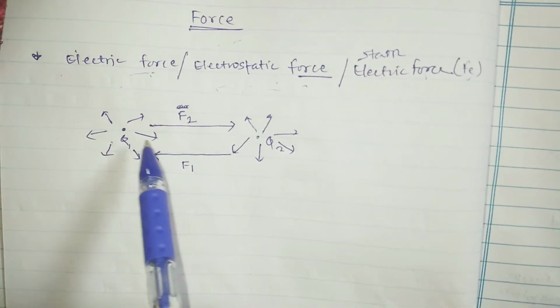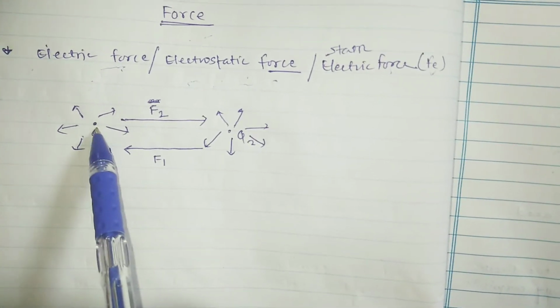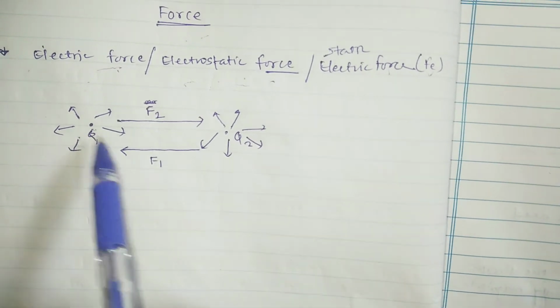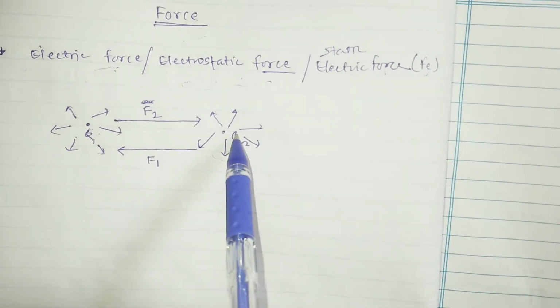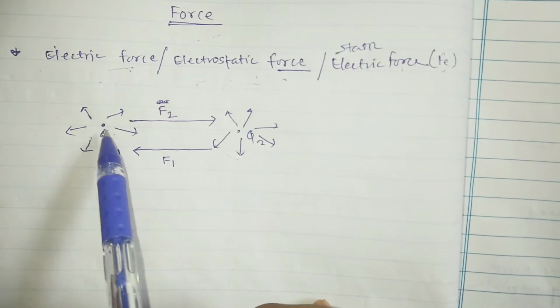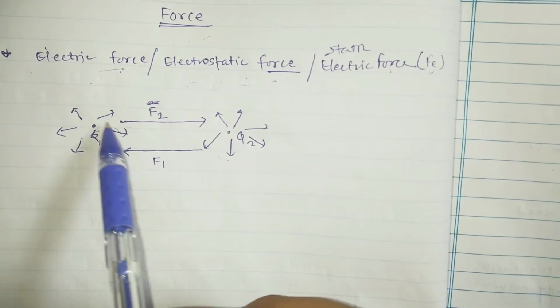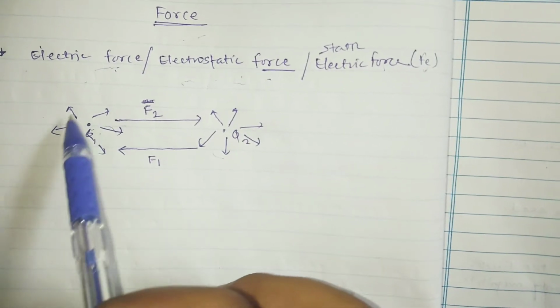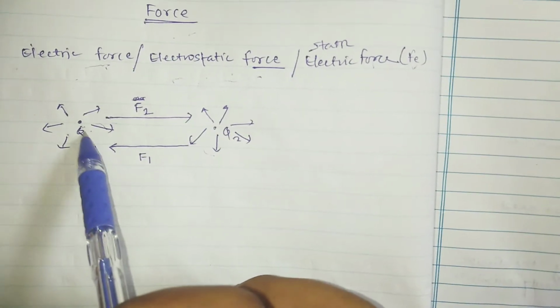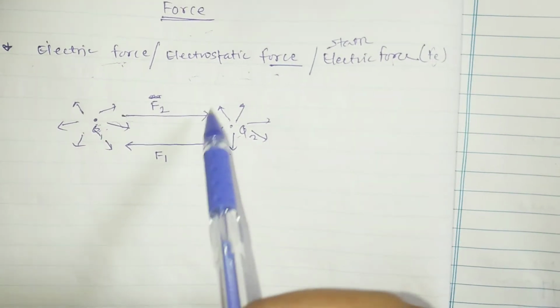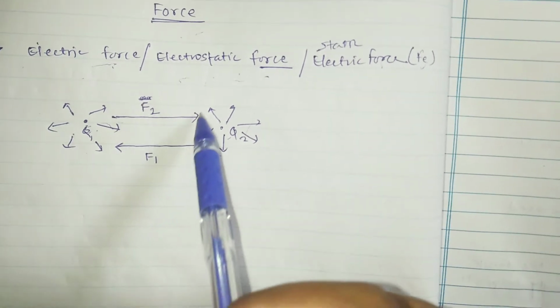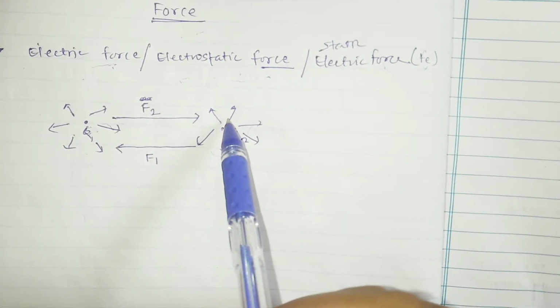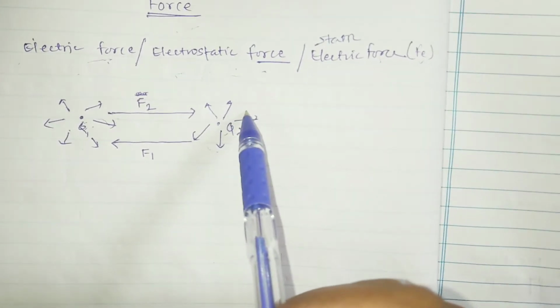Now you can see in this diagram q1 is a charge, q2 is another charge, right? q1 exerts force around it, so these are the force lines due to q1. q2 also exerts force around it, so these are the force lines due to q2.